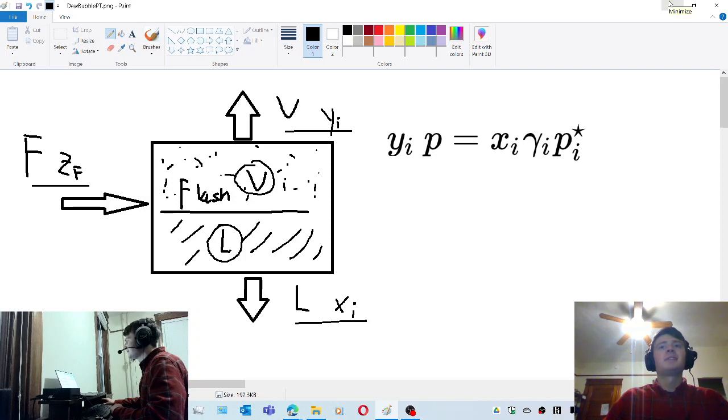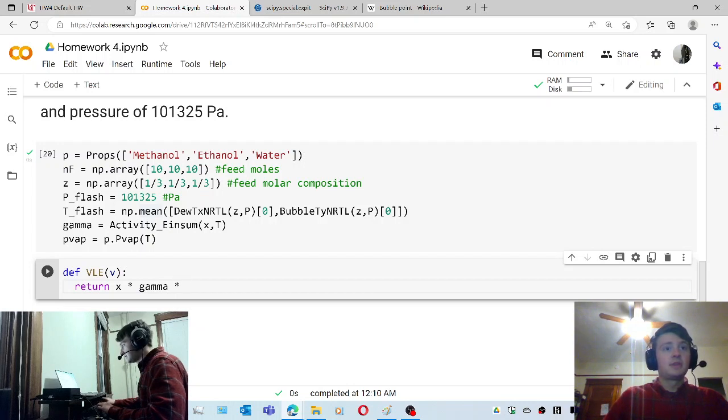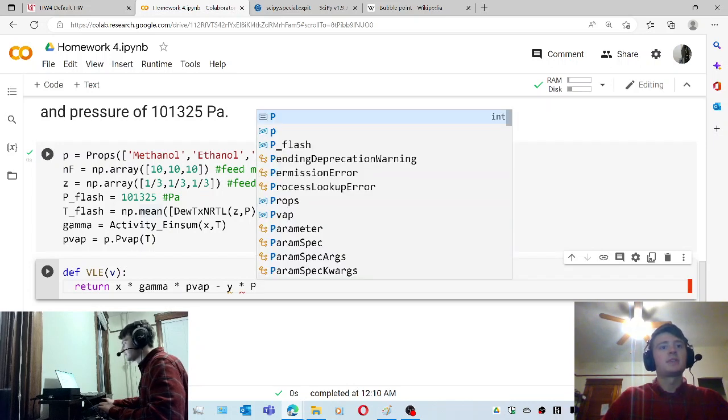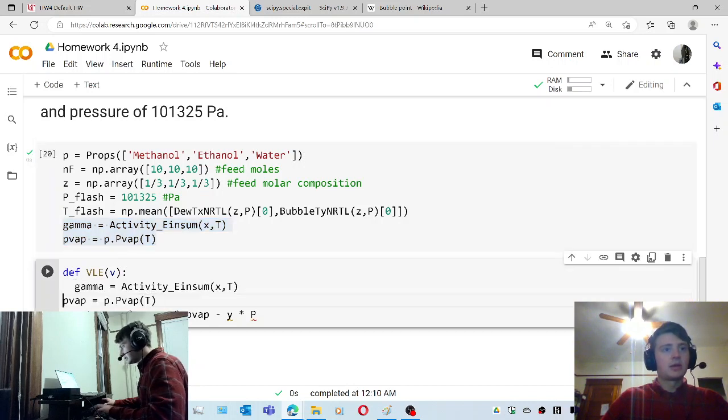It'll just be x times the gamma times the vapor pressure, and then minus the gas phase mole fraction times the pressure. And I'll go ahead and maybe copy these two down in there. Sweet.